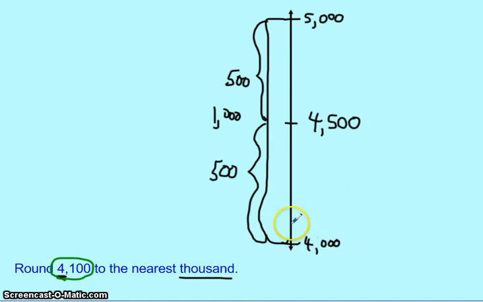Okay, if you put somewhere along in here, you're correct. It doesn't have to be exact, but it should be close. Why? Because 4,100 is only 100 more than 4,000. And we know the midpoint is 4,500, and we know we need another 400 to get to 4,500.